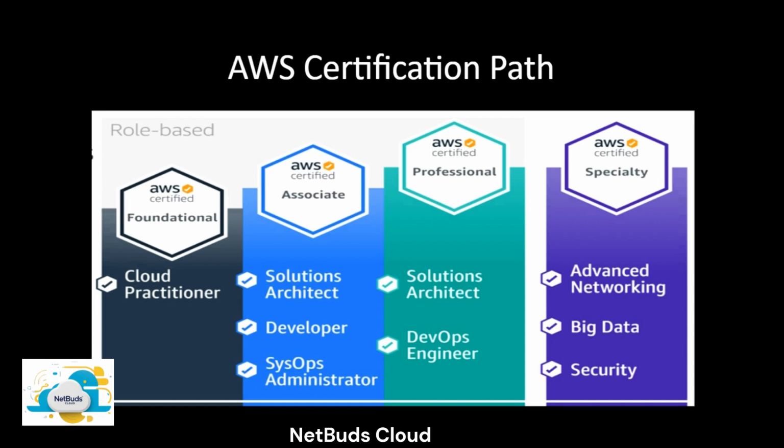Next level is professional, where you will be the experienced solution architect or a DevOps engineer. You can transition from associate to professional. Specialty is the highest level, where instead of focusing on broad services like associate and professional, you will focus on specific domains of AWS, such as networking, big data, and security.